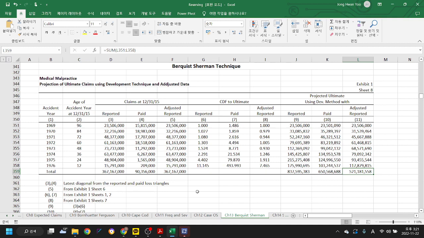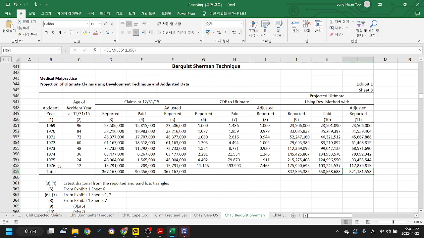Here, reported loss, right? So the ILDM, and that adjusted ILDM shows an even smaller value than the original unadjusted PLDM. So this is a very good example of what they have done back in 1978.